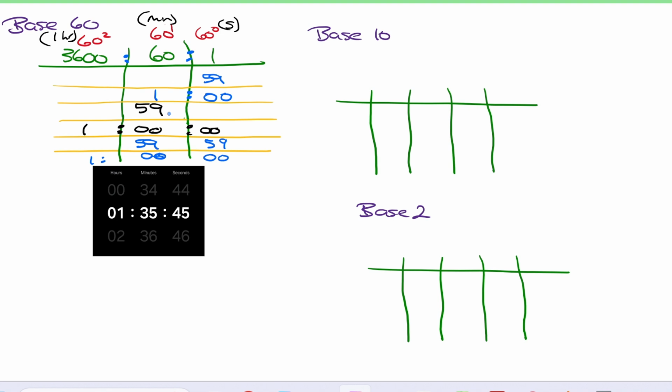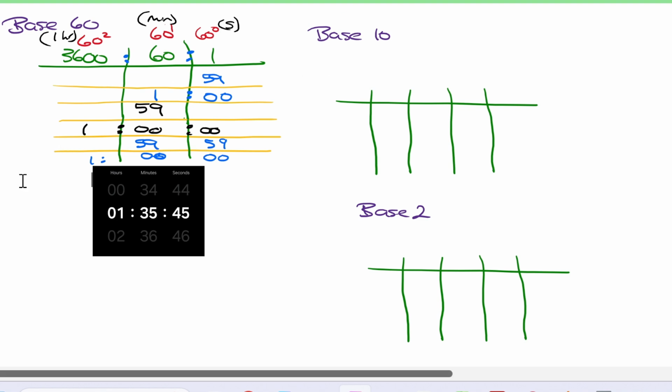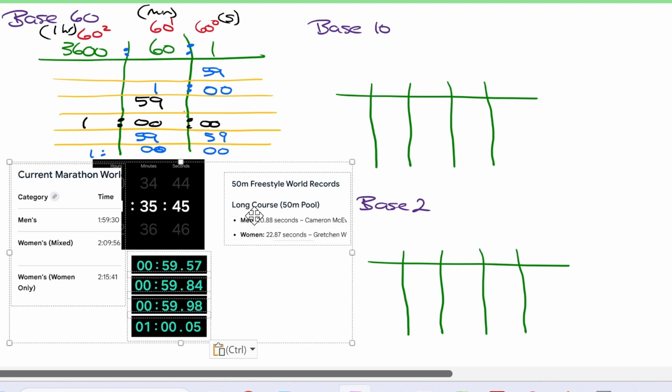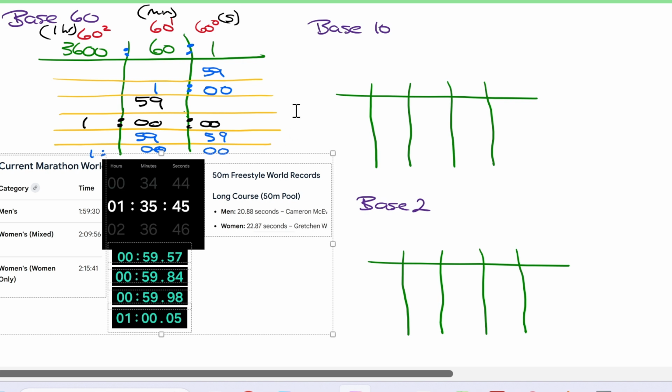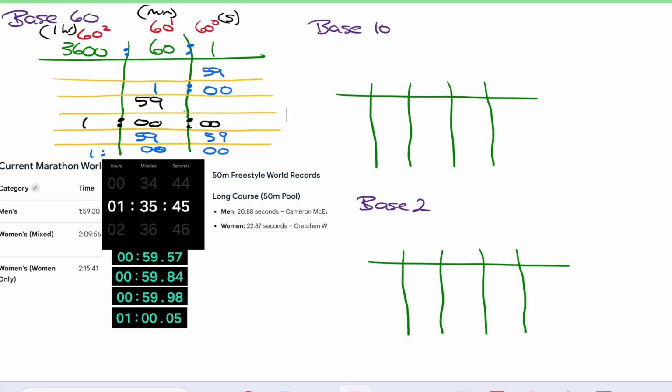And I actually had looked up some different things so that you could see what this looks like. So here is the timer that's on my phone. It does hours, minutes and seconds. You can see the 2 dots like a snake bite there to represent base 60.